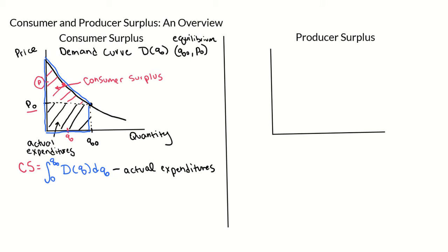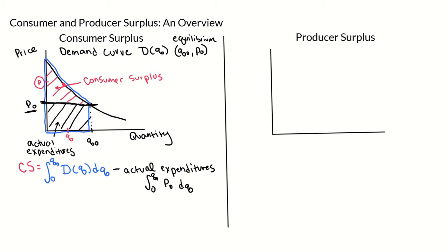And the actual expenditures, the way we could find those is, well, it is a rectangle, but if we want to think of it in terms of an integral, this line here is the constant function equal to p0. So the actual expenditures would be the integral from 0 to q0 of the constant function p0 dq.